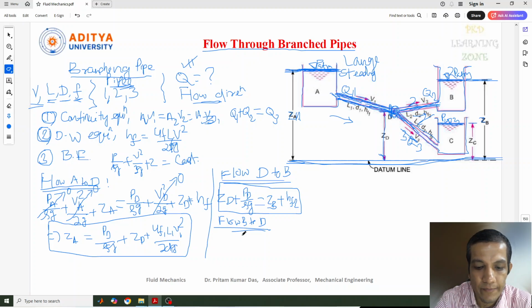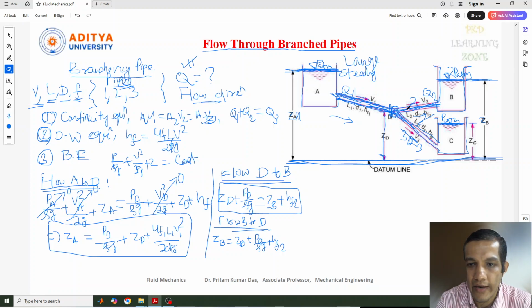Like I can write here ZB equal to ZD plus PD by rho g plus HF2. In this way we need to write, because this equation also I'll get in the same way.